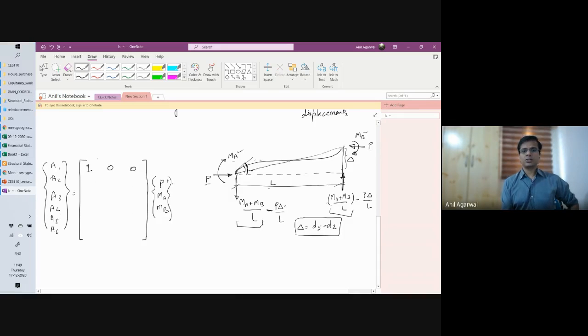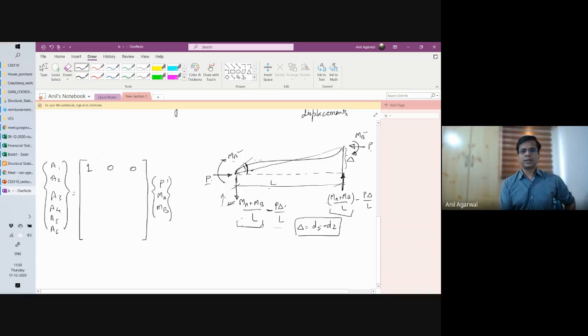Fine. A2 is this one. A2 is in the upward direction, but the force is actually acting in the downward direction. And I'm ignoring this part for the time being. I'll come back to this again. So this part does not have to be included, only the first part, that is the non-sway part.